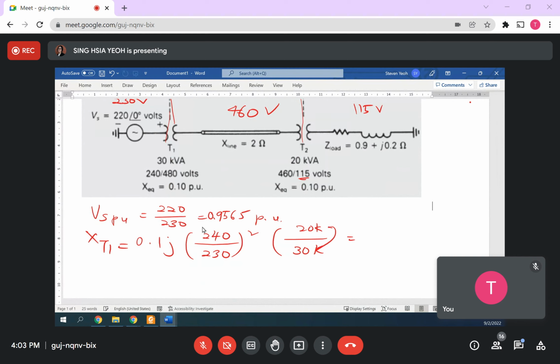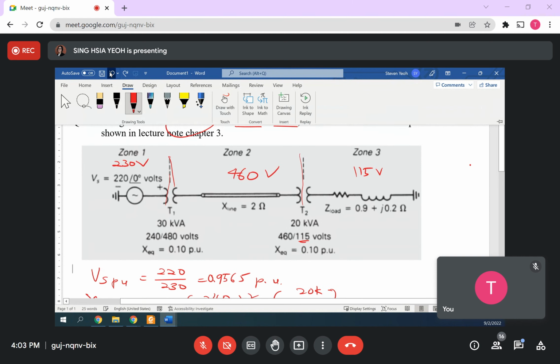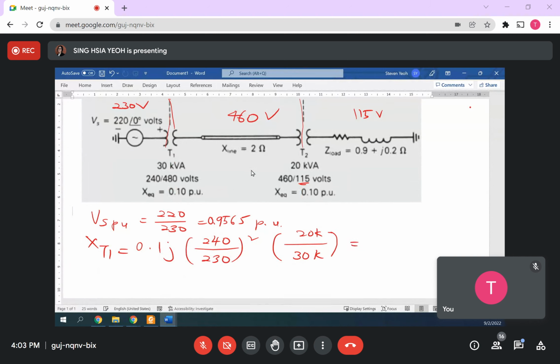Okay. Can you get it? Then you have a J, 240 divided by 230 power 2, then times 20 divided by 30 times 0.1.